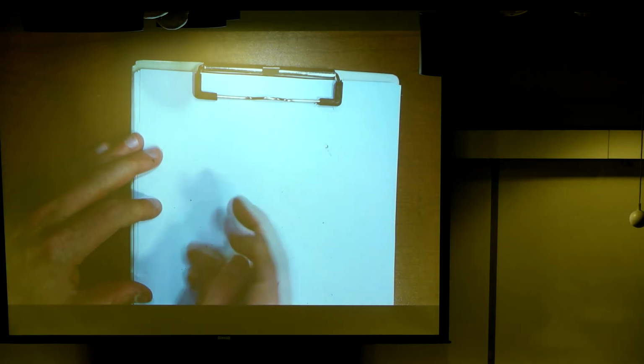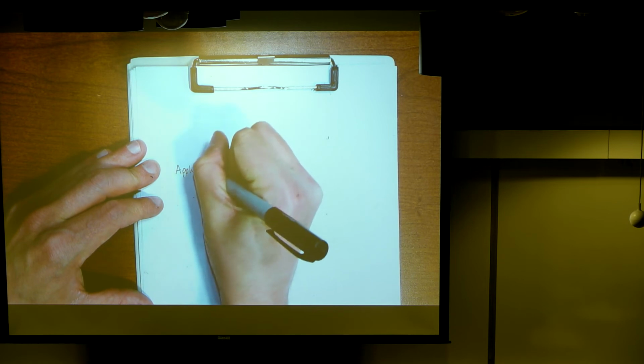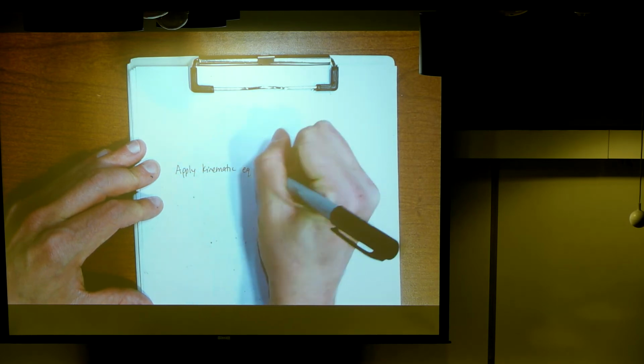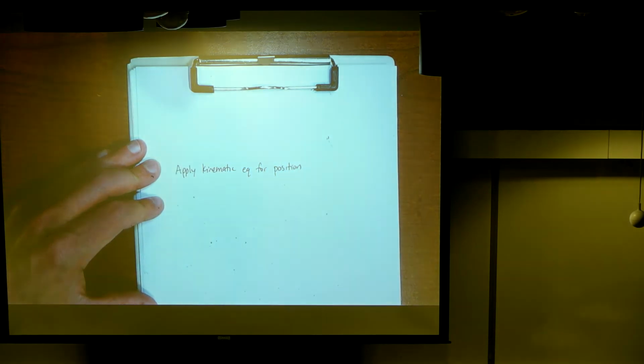There's many ways you could go about doing this. I'm going to show you the most efficient way. What I'm going to do is apply the following kinematic equation for position. And I'm going to do it in vector form.